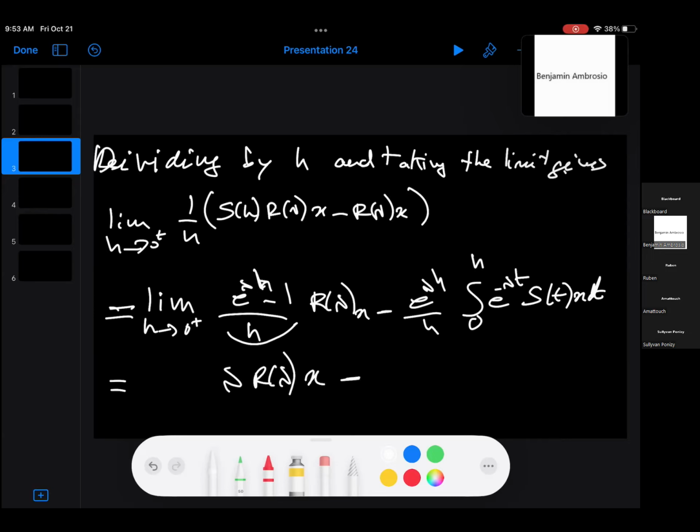And here, again, I know this stuff. So when h goes to 0, the integral between 0 and h divided by h will give me the value of this at time t equals 0.